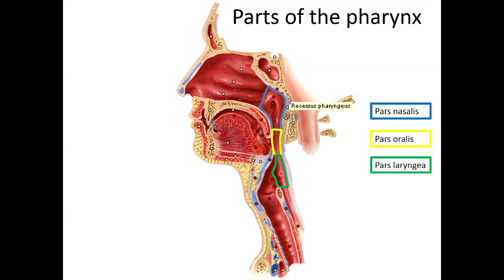You can understand that during swallowing there is a large risk of entering any external particles of the food into the respiratory canal.